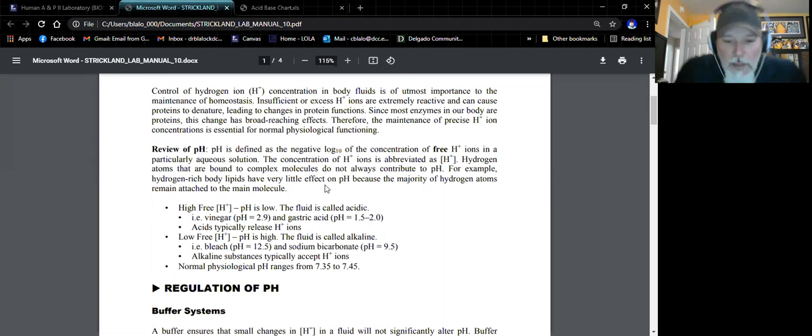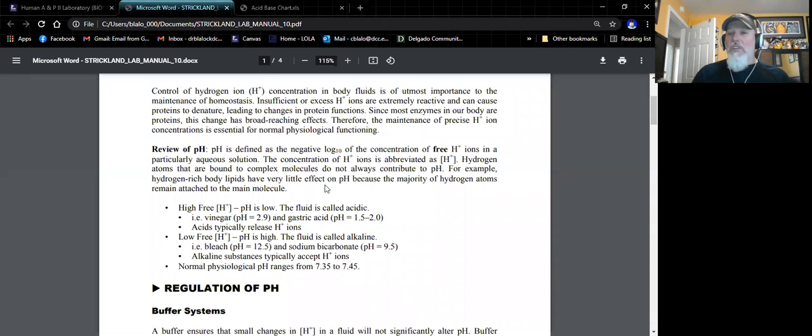Now, acids get all of the bad press. But an alkaline solution on the far end of the spectrum can be just as damaging to tissue as an acidic solution. A very alkaline solution would be something like bleach.